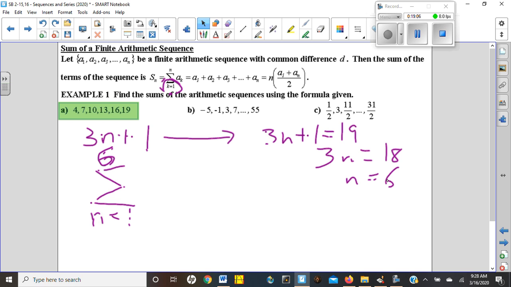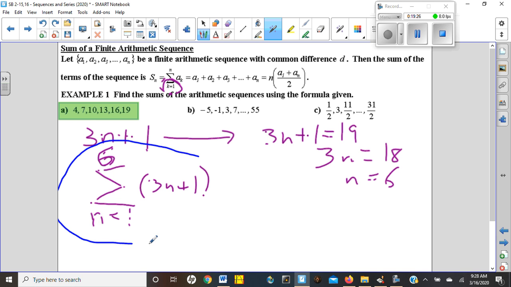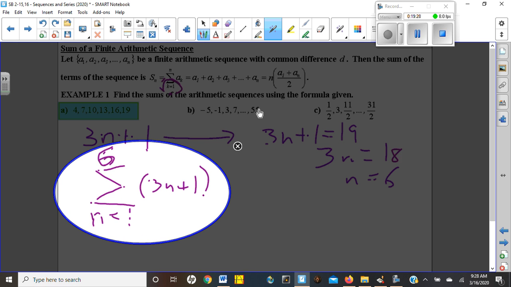So we're adding up the first 6 terms of this sequence right here, and this is something that we are going to ask you to write as part of your work before you use the sum formula.